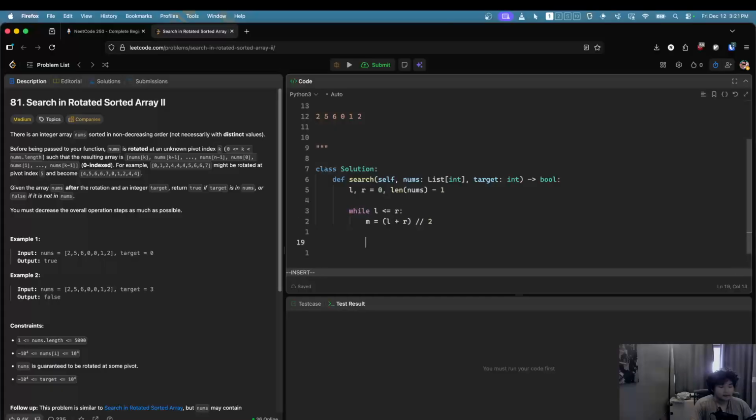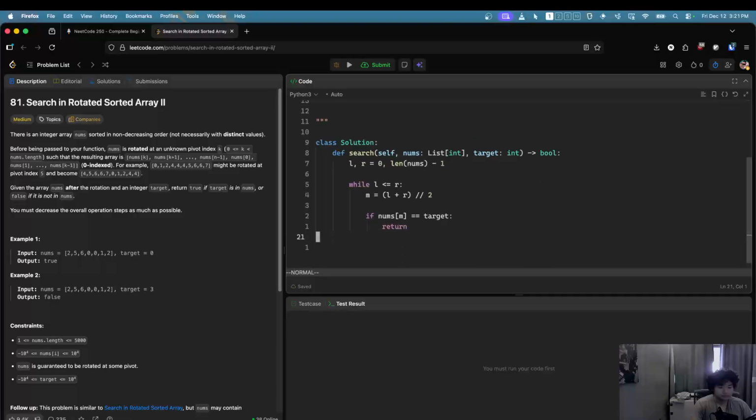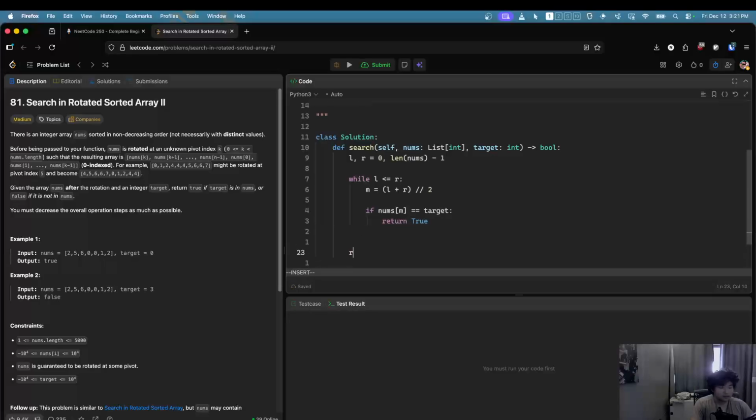Then if nums of mid equals target, return true. That's really the happy case, but this is most likely not the case. I'm also going to return false if I can't find anything.